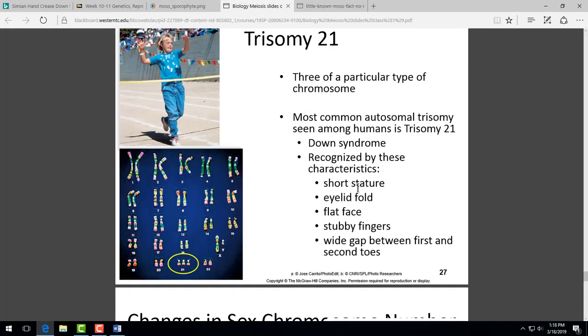So characteristics of Down syndrome: short in stature, like very short, not any higher than 5 feet, somewhere between 4 and 5 feet tall. They have a special fold over the eyelid, flatter nose, not much of a nose bridge, very short fingers, a very large tongue compared to their mouth.